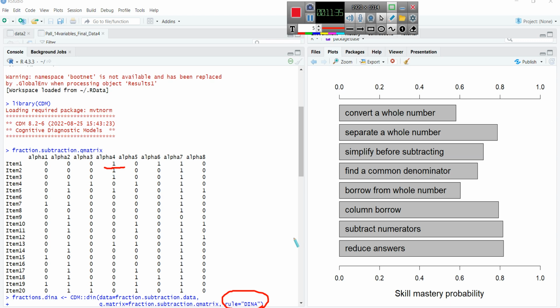So the remaining skills cannot compensate for lacking one or another skill.